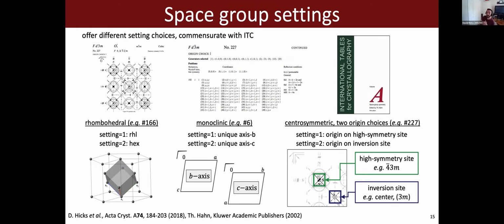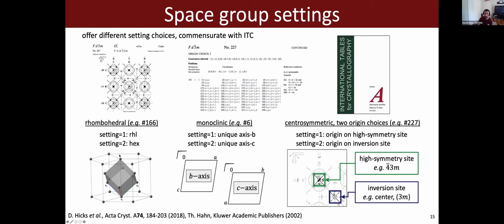The other thing I want to mention is that there are different settings or origin choices or cell choices in the ITC. And so you can play with that with AFLOW. You can change the settings. So for example, for rhombohedral systems, you can represent it in a hexagonal representation, which would be one of these 3 white boxes.